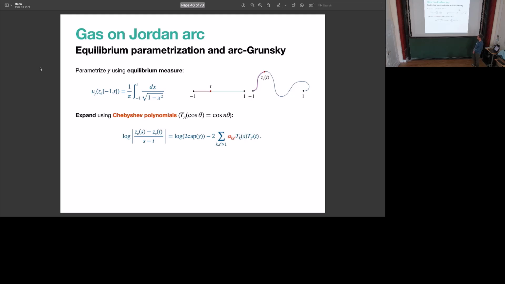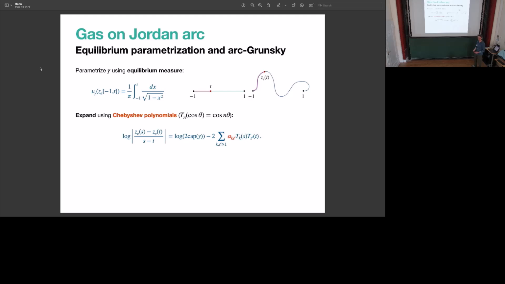And then I will make a similar construction as before. I will also consider the log of this difference ratio. Now, for this problem, it's enough to take the real part.